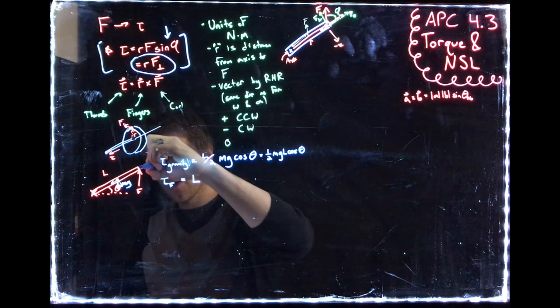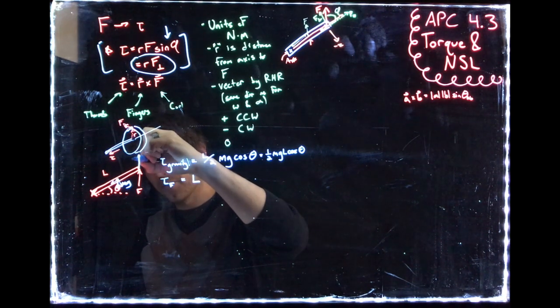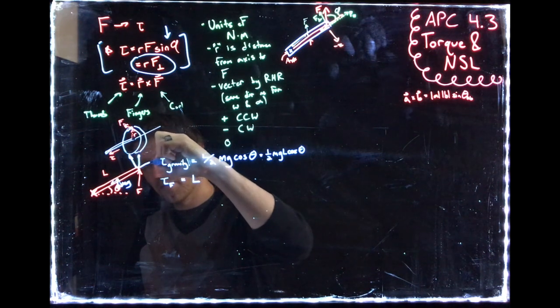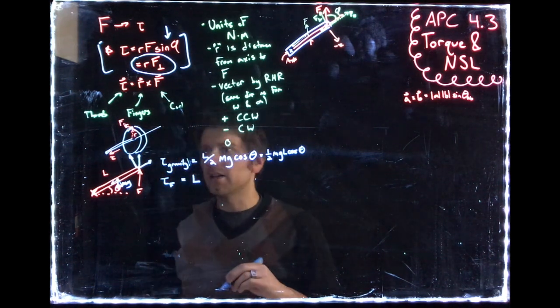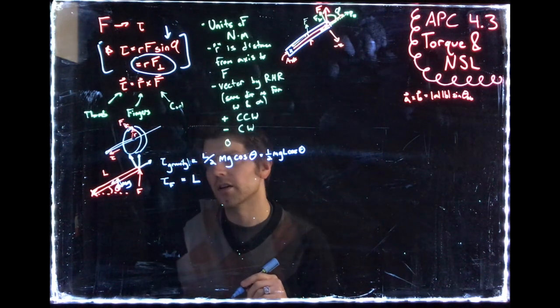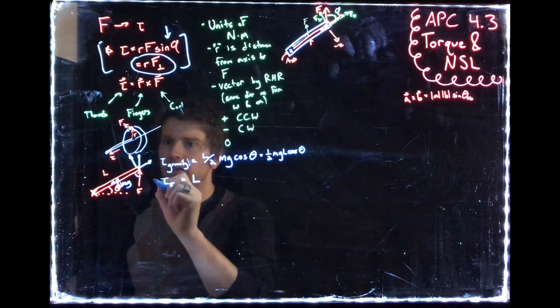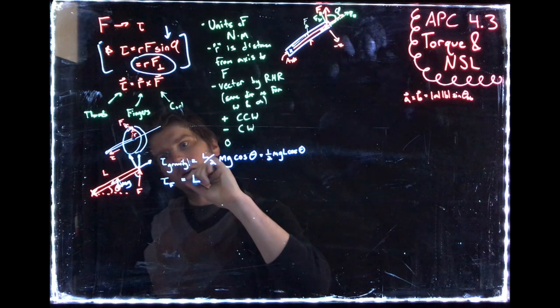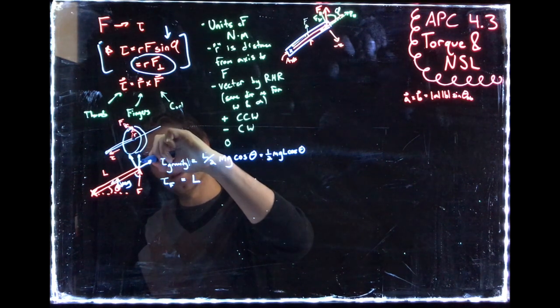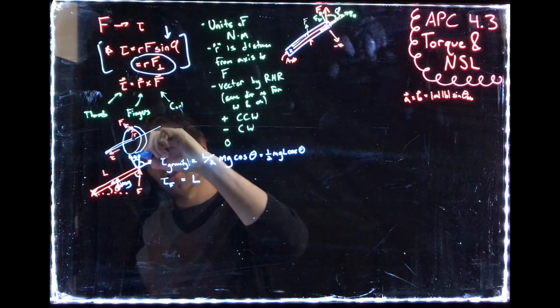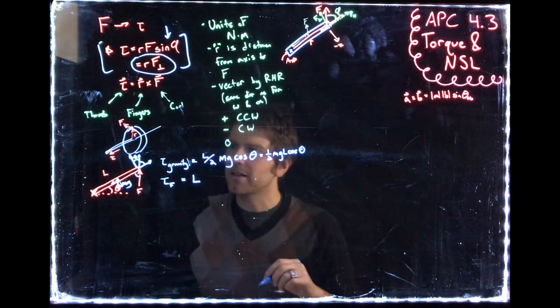I'm actually going to help myself out. I'm going to move F up here and note that I'm looking for this component. So let me see, which is going to be theta? If this is theta, this is 90 minus theta, which makes this 90 minus theta. So this is also theta. That makes sense.